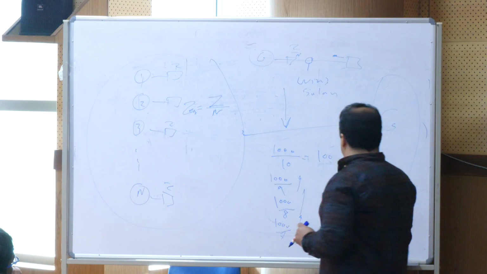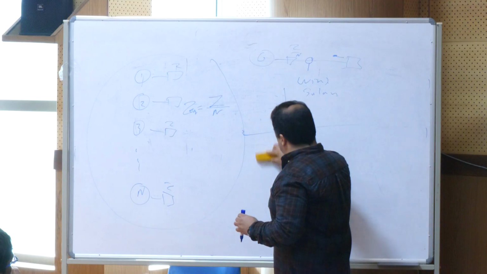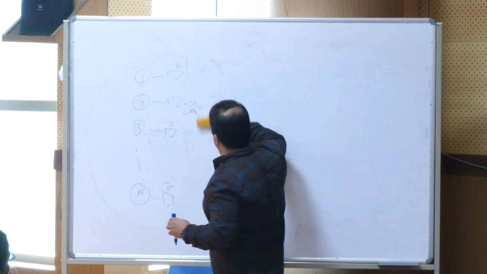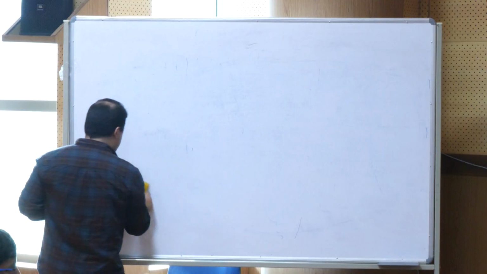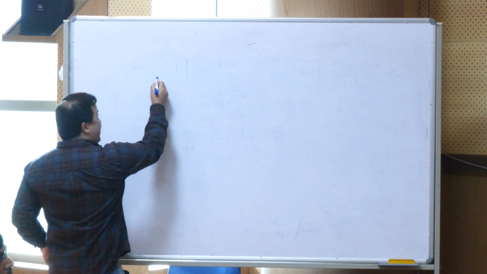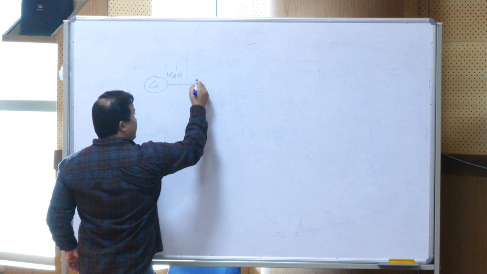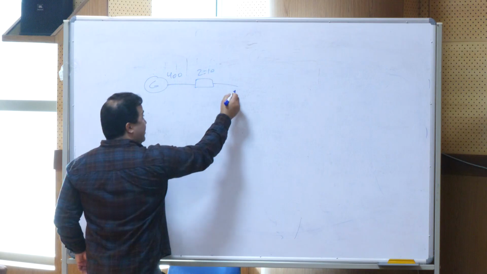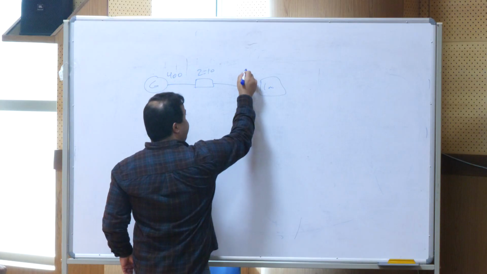So let's get back to a simple numerical example of this. We have a grid of, I don't know, 400 volts, and then we have Z equal to 10, and a load whose current is 5.